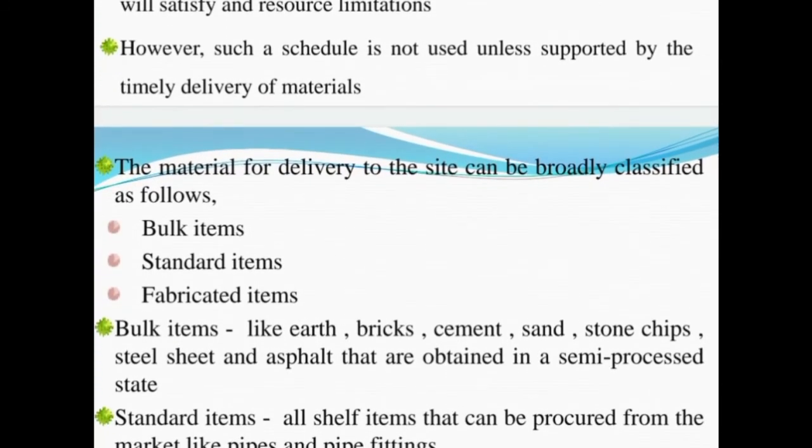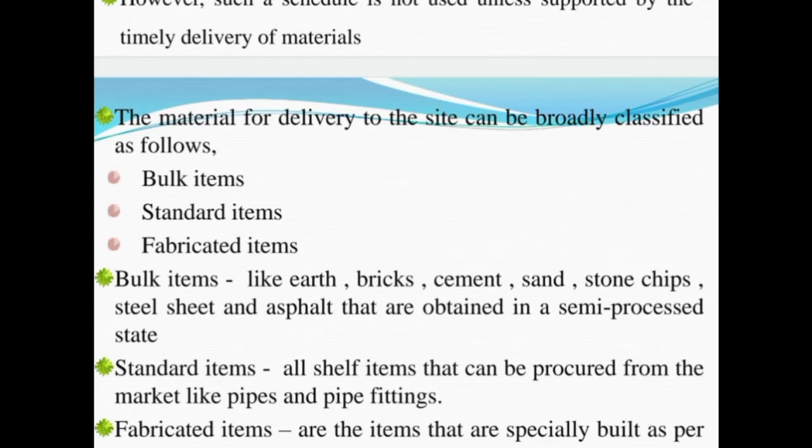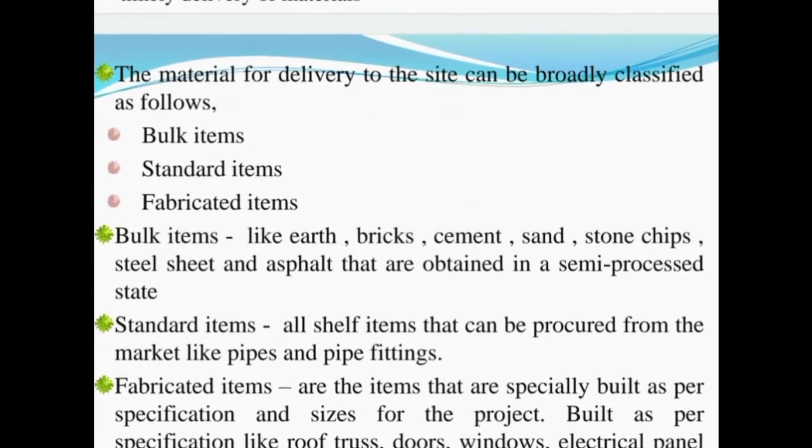The materials for delivery to the site can be classified into the following: bulk items, standardized items, and fabricated items. Bulk items are things like earth, bricks, cement, stone chips, steel sheets and asphalt, and they are obtained in semi-processed states.